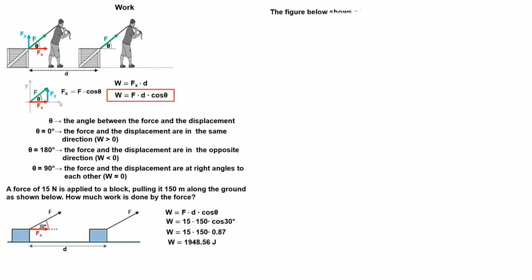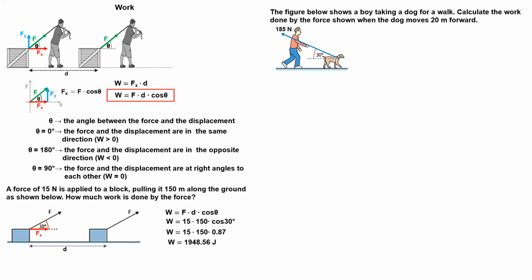The figure below shows a boy taking a dog for a walk. Calculate the work done by the forces shown when the dog moves 20 meters forward. Analyze the question to determine what information is provided. The force applied is 185 newtons. The distance moved is 20 meters along the ground.